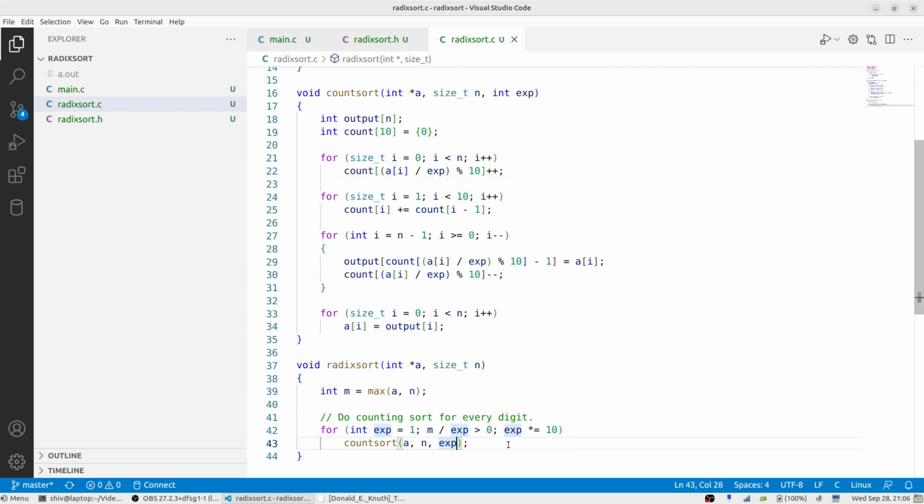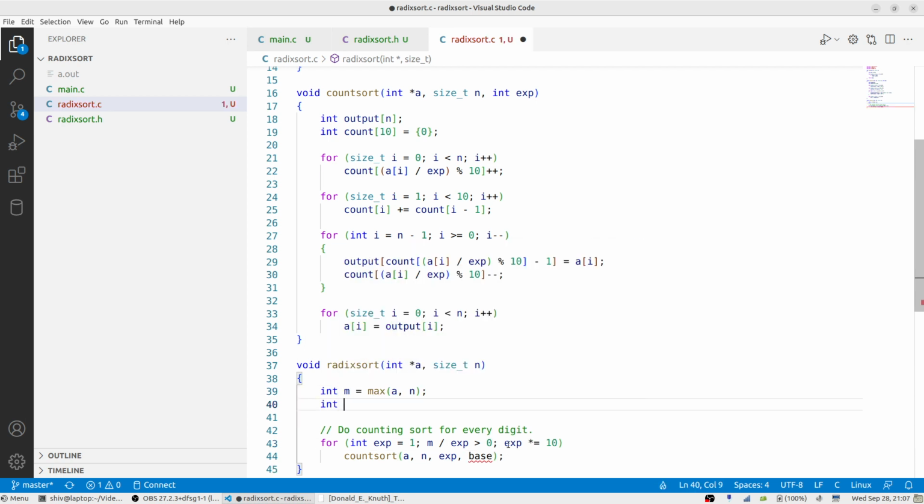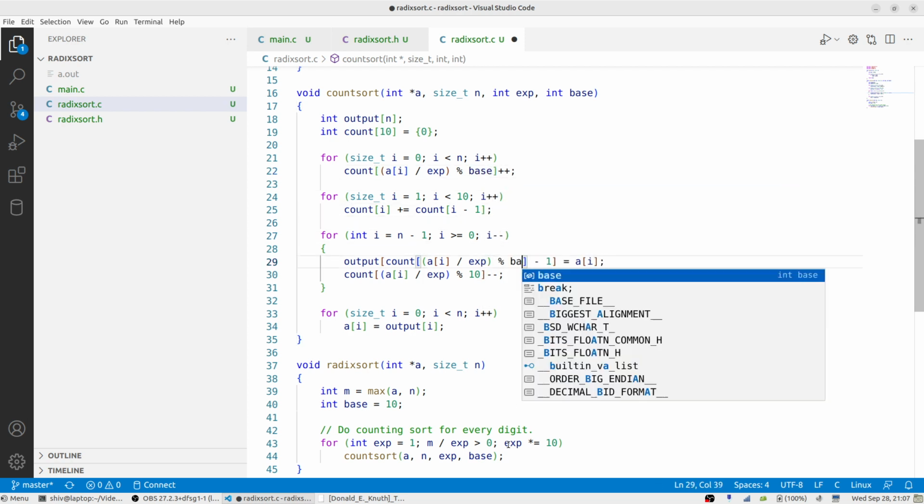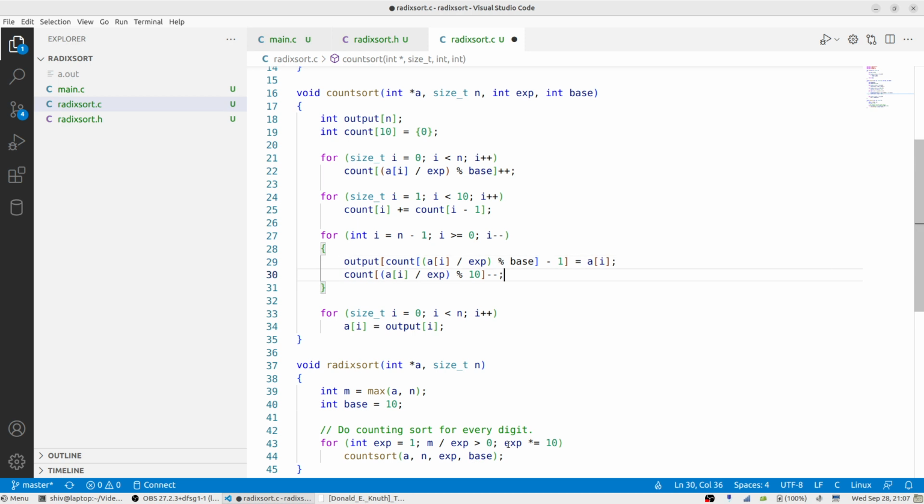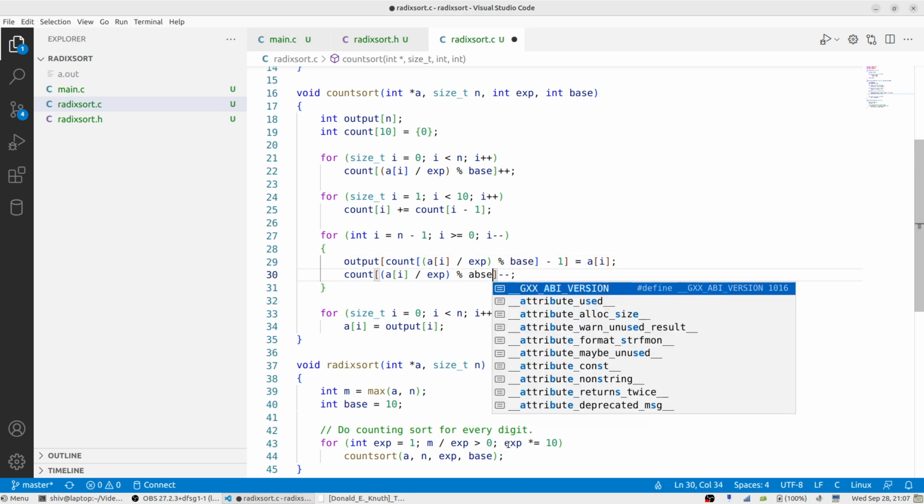A better way would be to set the base here, and you set base equal to 10 in this case, and then we put base here, and base here, and base here.